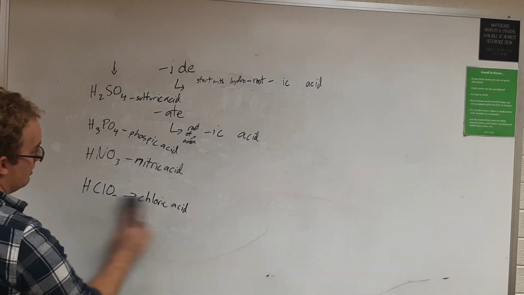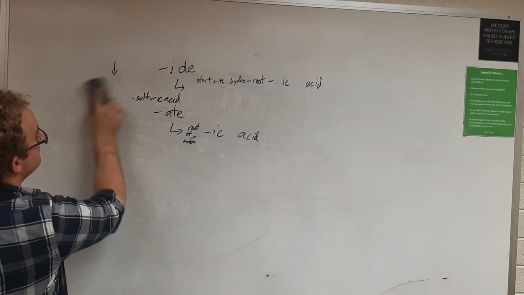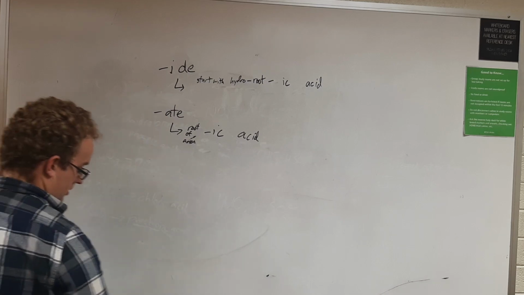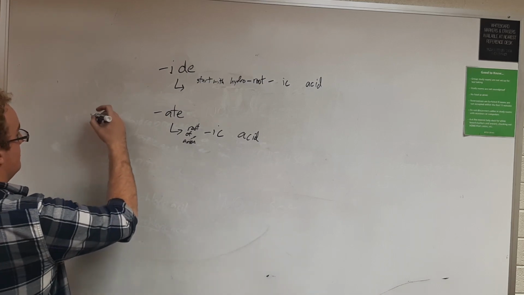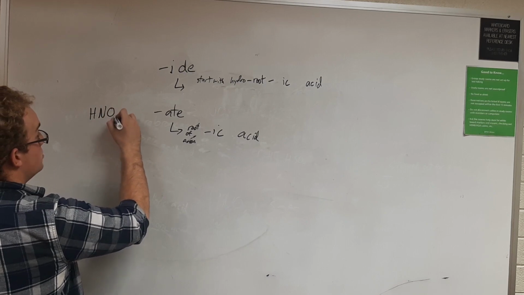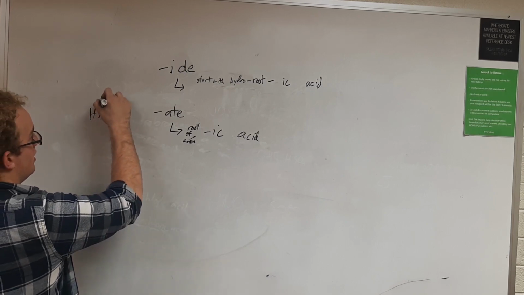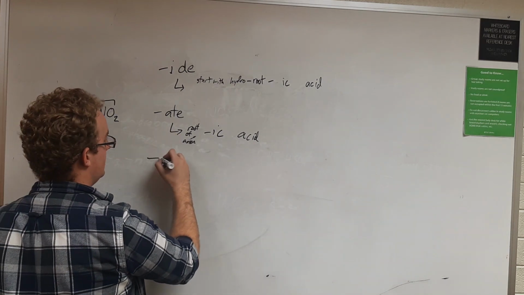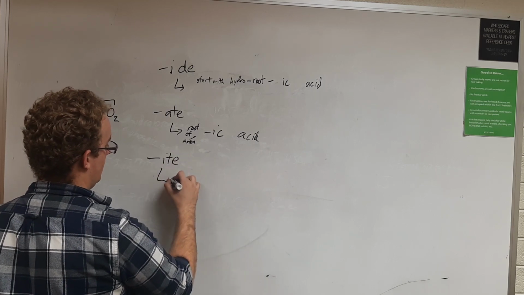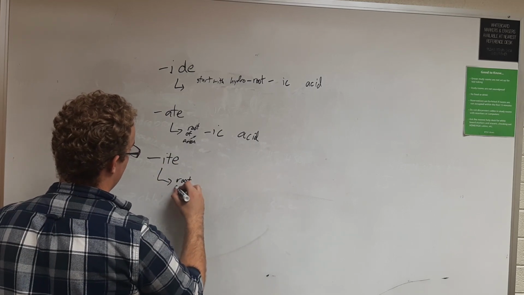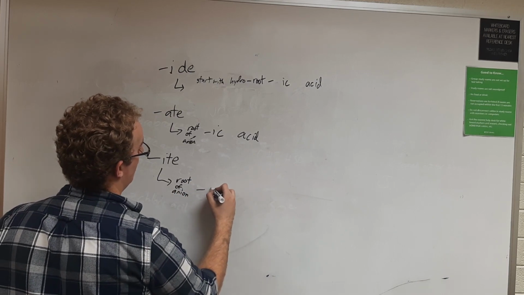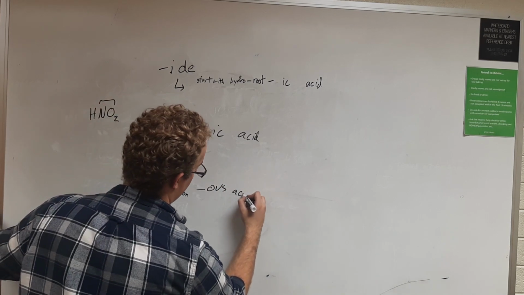So now let's think about ites. Here's an example, HNO2. This is nitrite, right? So that's not an ATE, we end it differently. ITE endings, we have the root of the anion, and then ous acid.